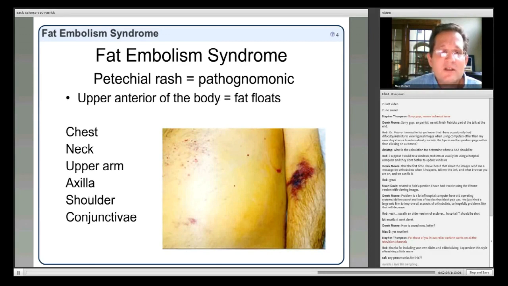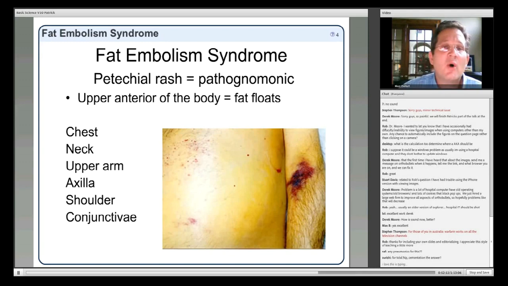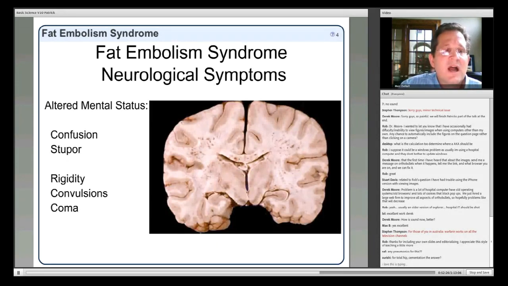So we ought to talk a little bit about fat embolism syndrome because it's a classic orthopedic question that always gets asked. And the pathognomonic finding for fat embolism syndrome is a petechial rash that floats up to the upper anterior aspect of the body because, of course, fat floats. You'd see it on your chest and sometimes as high as your eyes. It also goes to your brain, and that's what causes the neurologic symptoms.